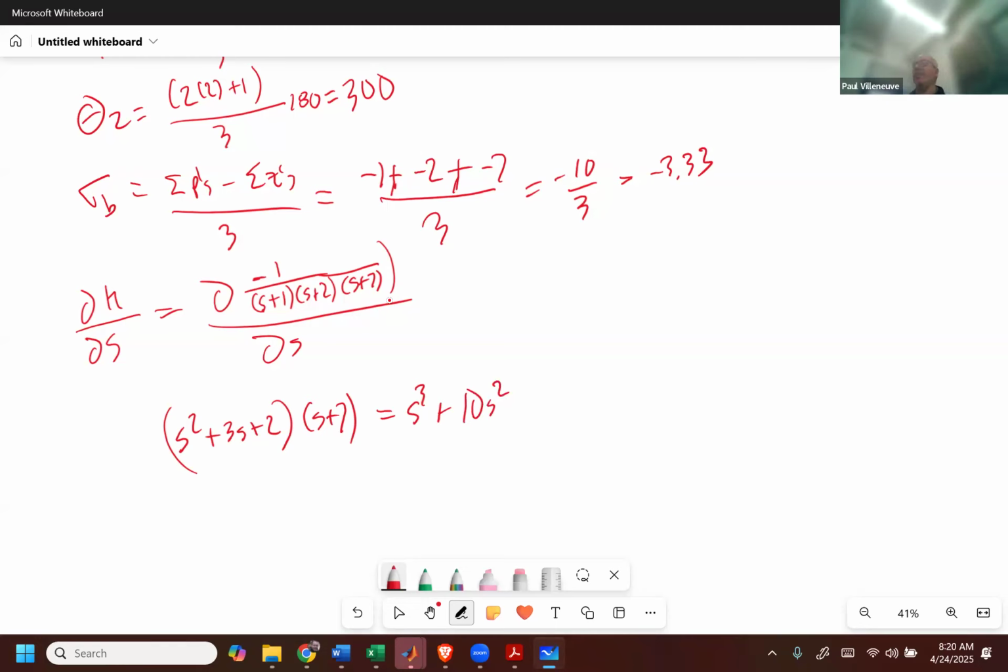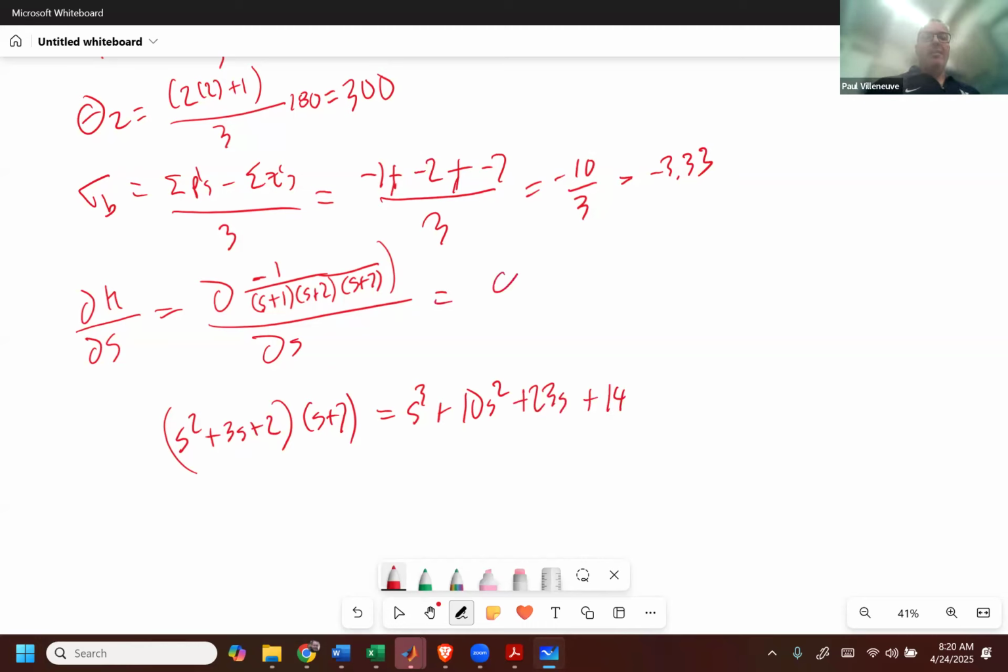And tell me if I'm going too fast. I'm basically doing a fancy FOIL, foiling the three terms and then adding them together. Now my s term: 2s plus 21s is 23s, and then plus 14.